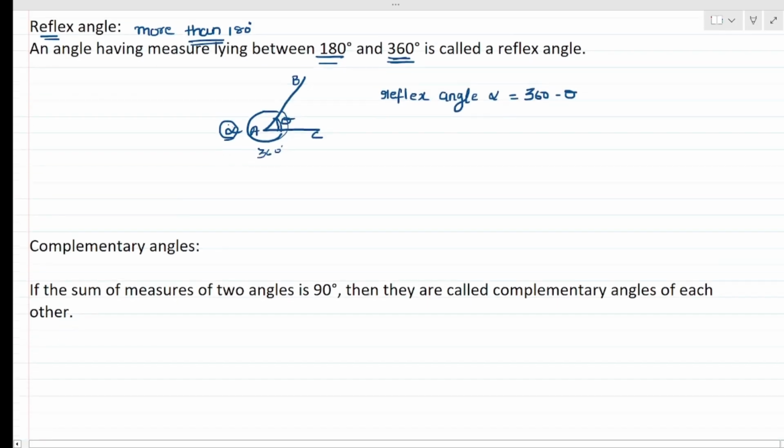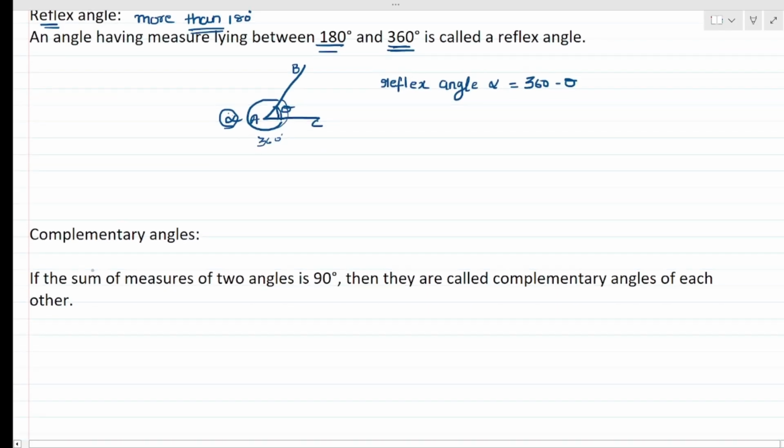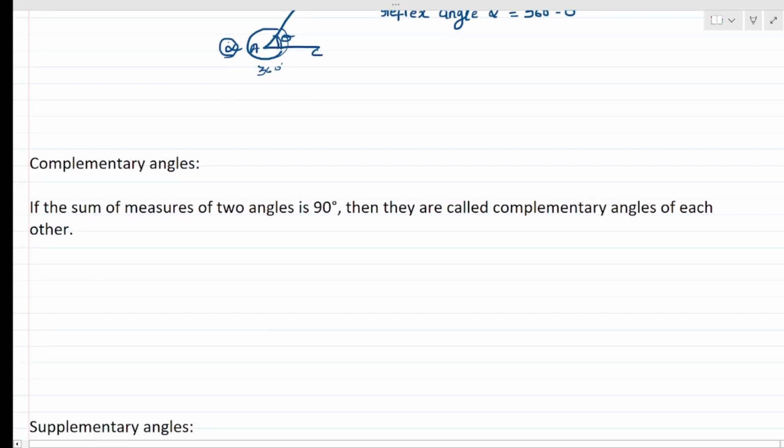Okay. So moving on to our next, which is our complementary angle. What are complementary angles? If the sum of measure of two angles is 90 degrees. Suppose we are given an angle. Okay, this is my angle AOB, and this is my ray C. Okay, so this is my angle theta and this is my angle beta.